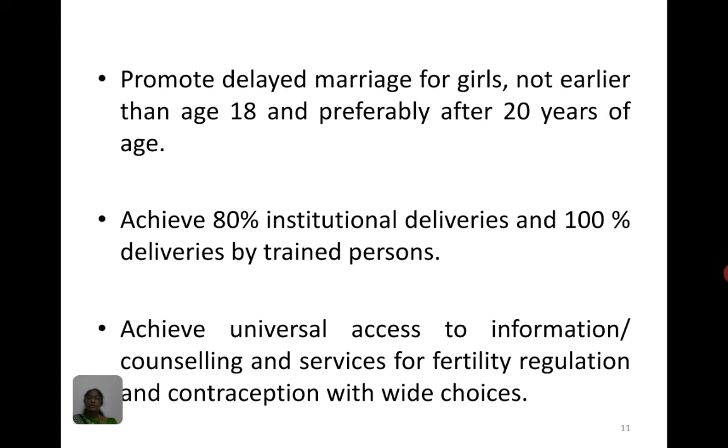Then, achieve universal access to information, counseling, and services for fertility regulation and contraception with wide choices. So, for women, necessary counseling and information, along with the services for fertility regulation, are given.